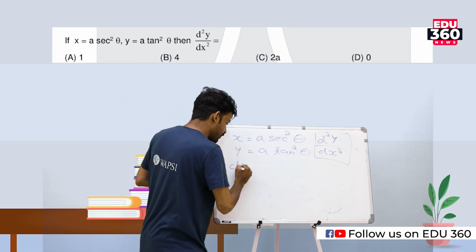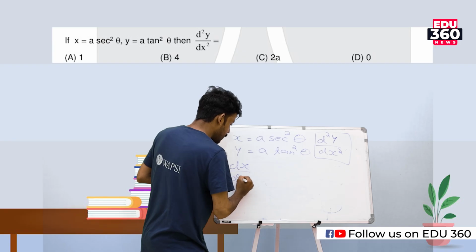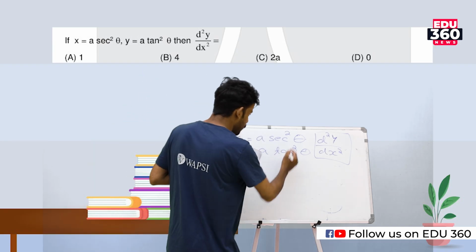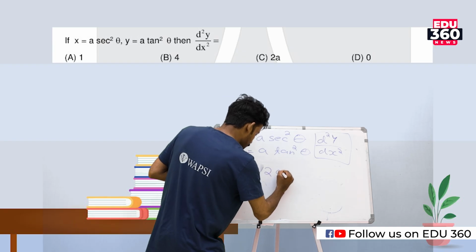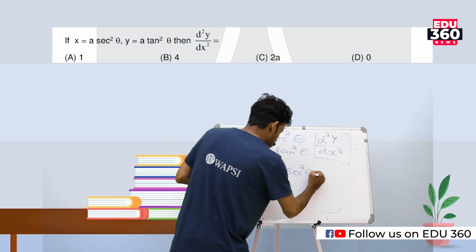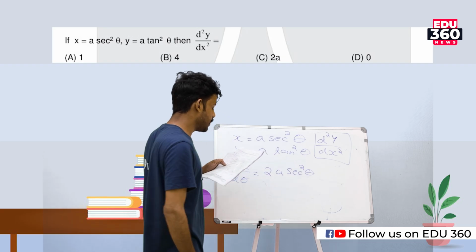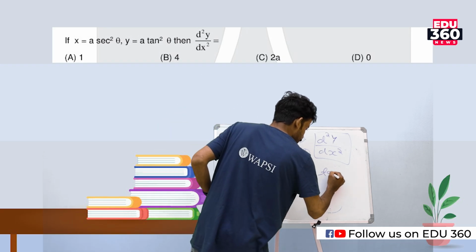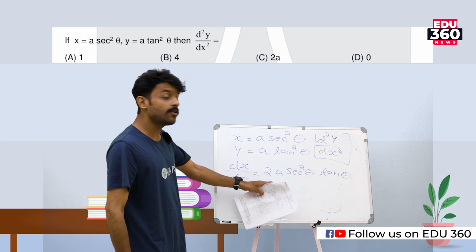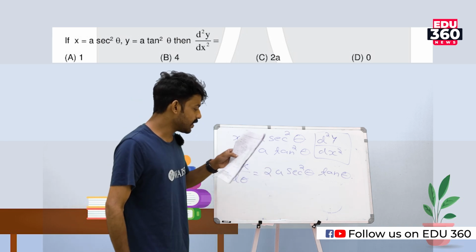So dx divided by d theta will be equal to, we are going to differentiate this, that is 2a sec square theta tan theta.